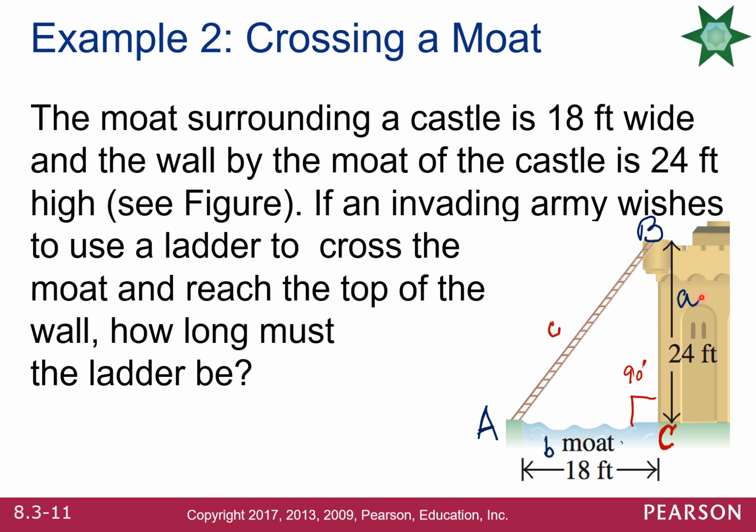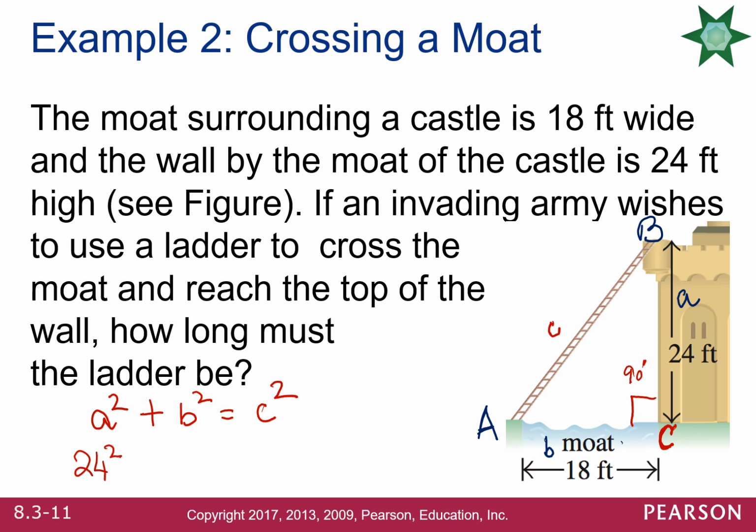So if we know the values of the two legs, then recall that the Pythagorean theorem looks like this: a squared plus b squared equals c squared, where a, b, and c are the lengths of the different sides. So if we know the length of side a, that would be 24 squared.